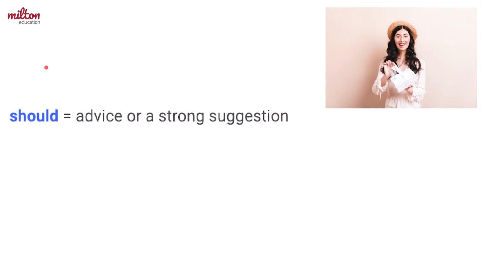Now, let's talk about when we use the modal verb should. Should is used in situations where we are giving advice or a strong suggestion. So basically, anytime you say to a friend or family member that something is a good or bad idea, you should use the modal verb should in your sentence.